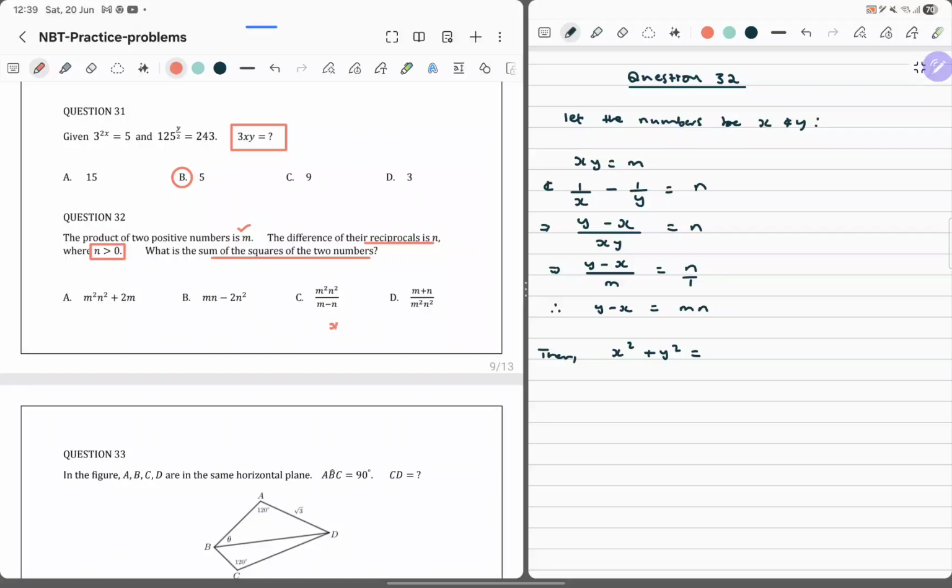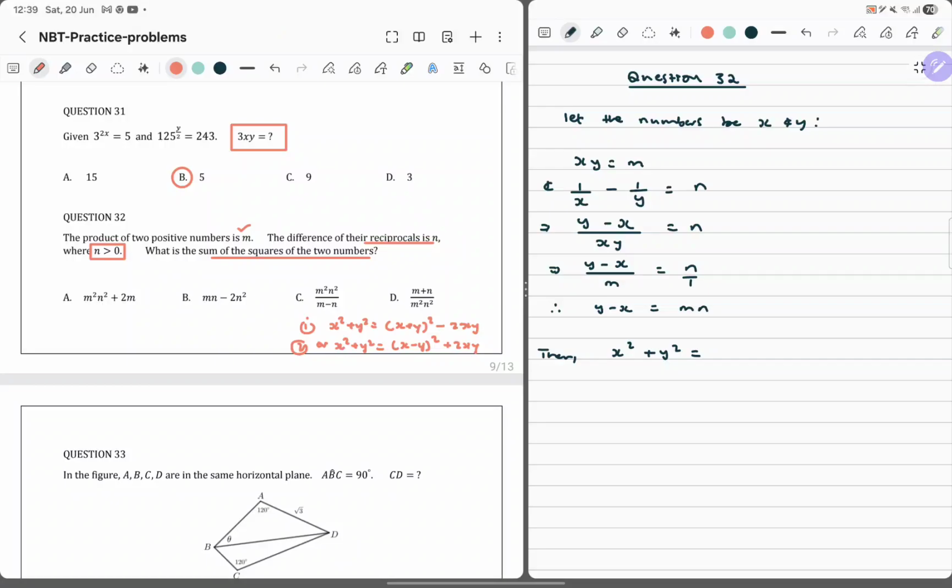We know that x squared plus y squared is going to be x plus y all squared minus 2xy. Or we've got x squared plus y squared is equal to x minus y all squared plus 2xy. So there's these two possibilities. Of course, guys, if you forget these, you can create them.